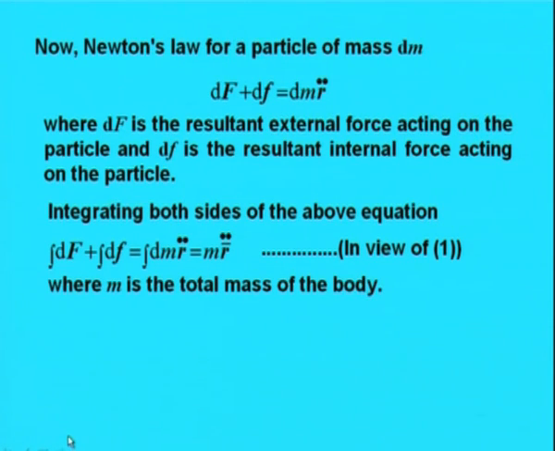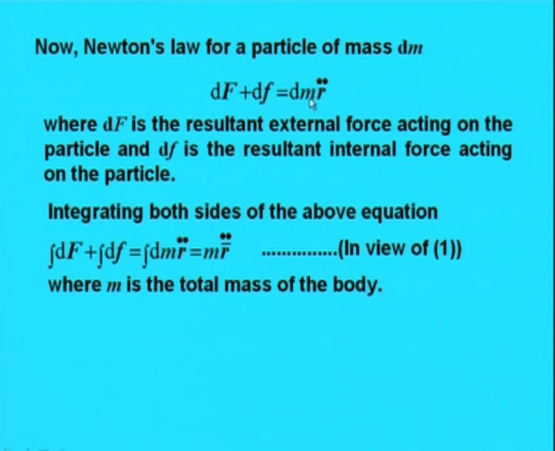Now we apply Newton's law for a particle of mass dm, and then we have dF plus df is equal to dm times r double dot. For that particle, dF is the resultant external force acting on the particle, and df is the resultant internal force acting on that particle.